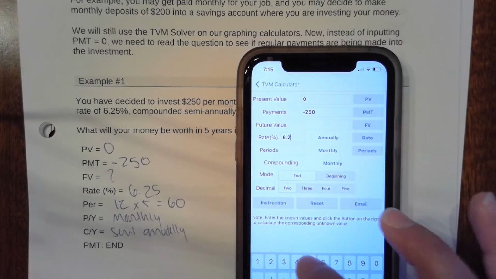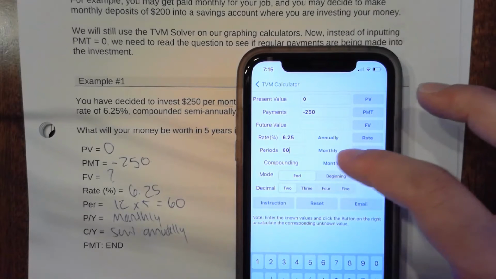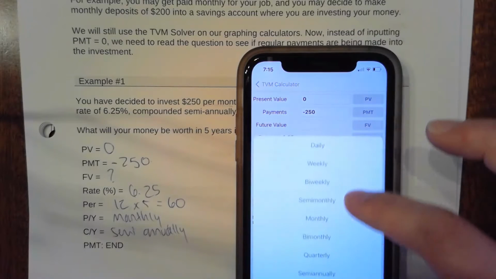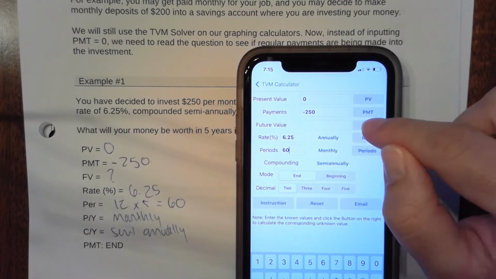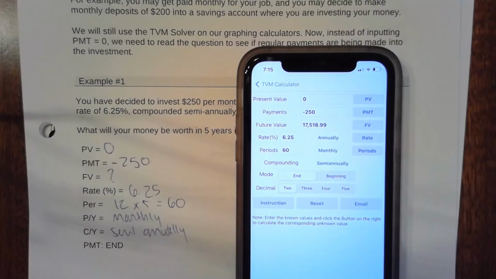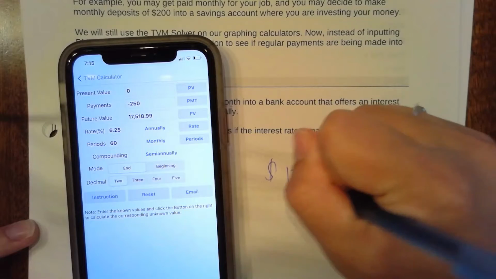We will not be able to do this exact type of question without the advanced. Semi-annually, okay. I think I'm good here. Future value. There we go. Here's my answer. I'm going to write it off to the side where it's really clear that this is my answer.